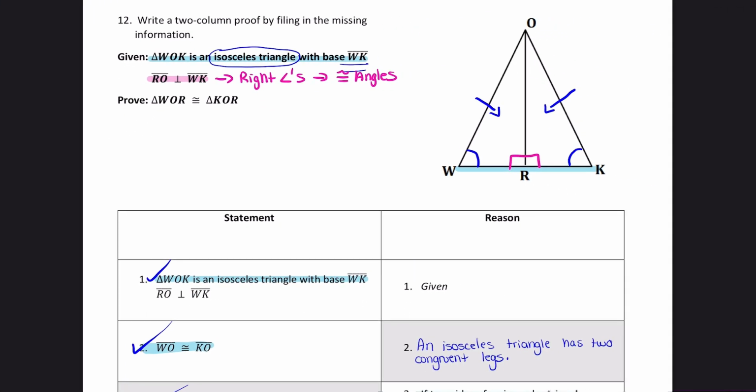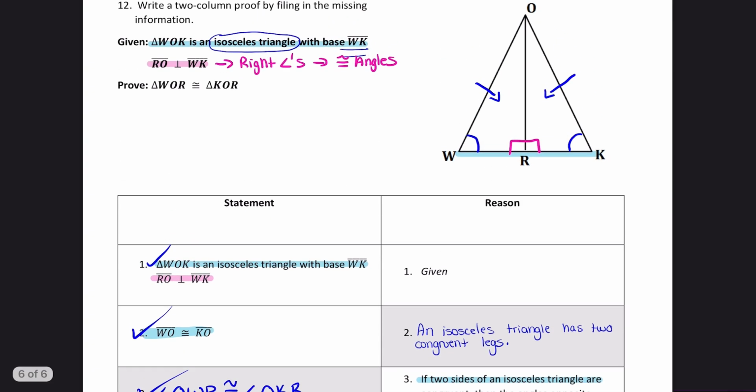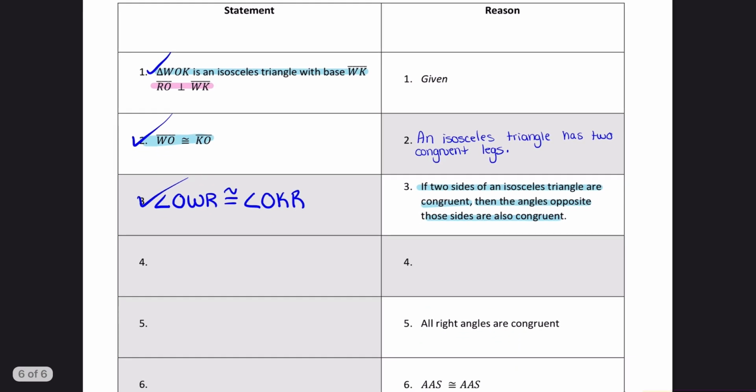So let's think about that. Here, they gave my given up here, right? So the next thing I would need to do is talk about them being right angles, and they didn't do that at all. They left statement 4 completely blank for me. So I need to do that. I need to mention that they're right angles. Then I can say they're congruent because all right angles are congruent.